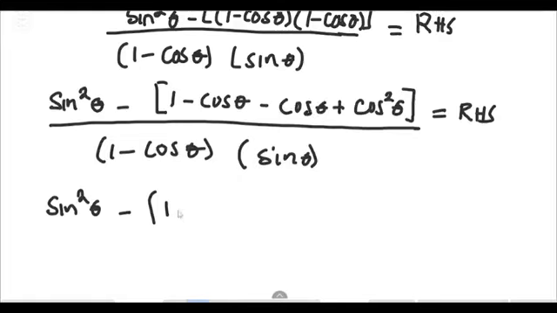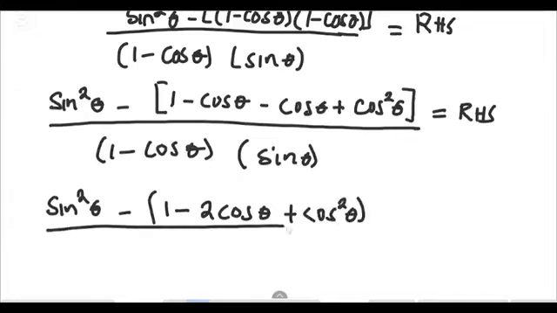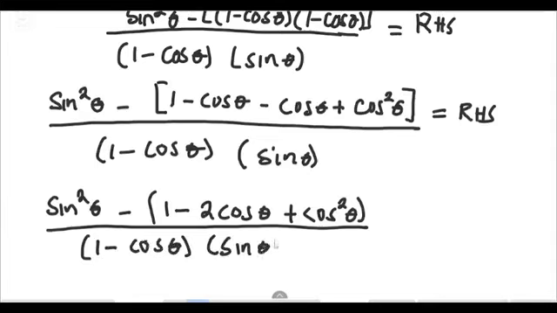We can simplify them to give us minus 2 cos theta. Then plus cos squared theta. We close like this, divided by 1 minus cos theta in brackets, again we have sine theta, then equal to the right hand side.